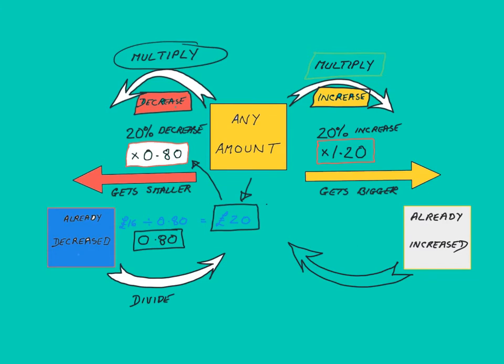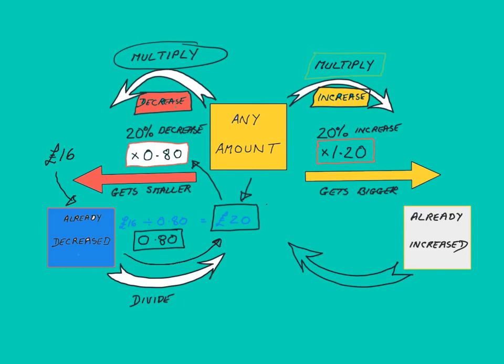So we multiply by 0.8 to reduce by 20%, a 20% decrease, and that takes us to the final sale price of 16. If we want then to go through the cycle again and find out where we started, we have to divide by 0.8, which takes us back to the 20.